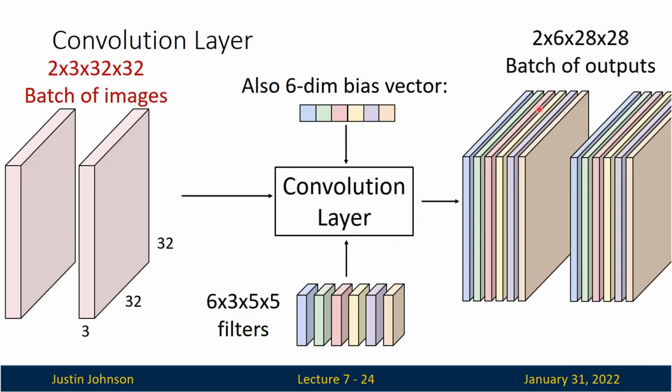Now, if we have 2 input images, what will it be? Because in stochastic gradient descent, it will pick a bunch of input images from our data set. So if we have 2 images, then there will be 2 times 6 times 28 by 28 as our batch of output.